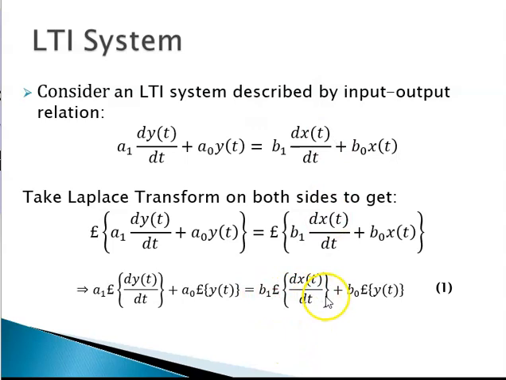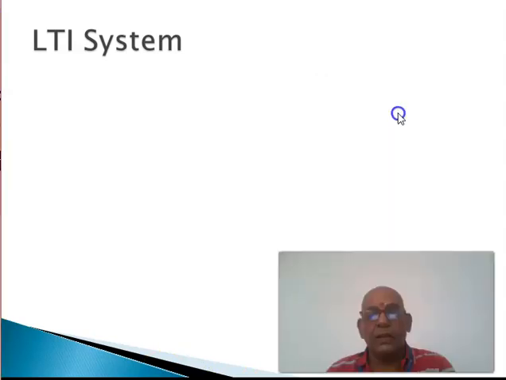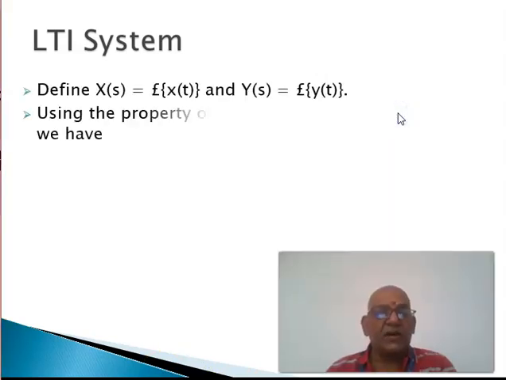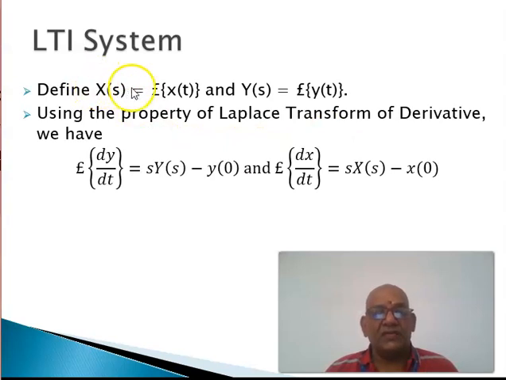B1 times Laplace transform of dx over dt and B0 times Laplace transform of x of t. Now if we define capital X of s as Laplace transform of time domain function x of t, and capital Y of s as Laplace transform of time domain function y of t.